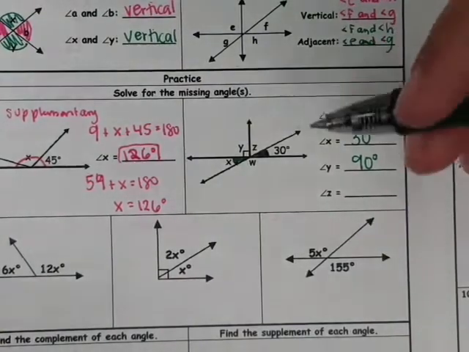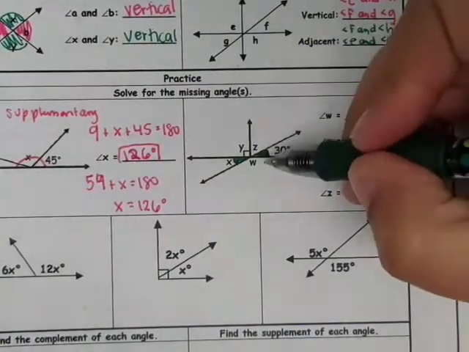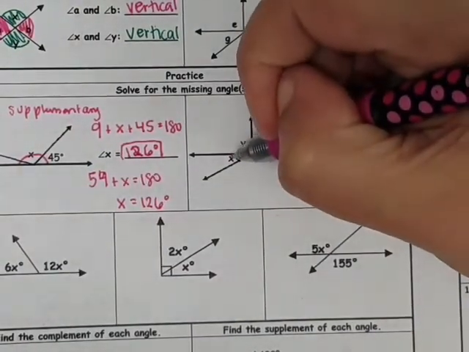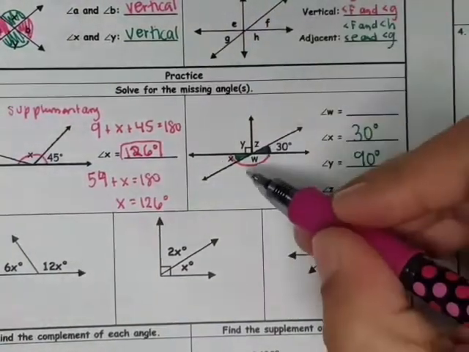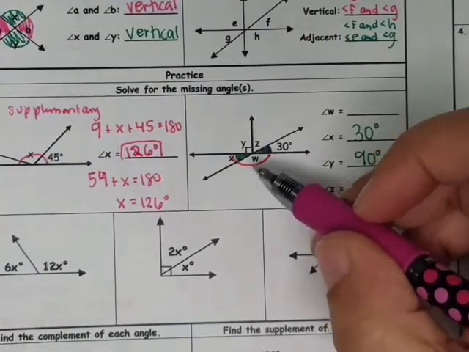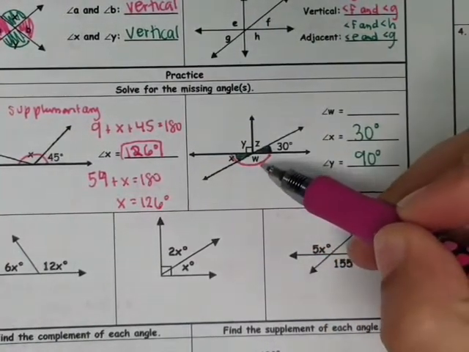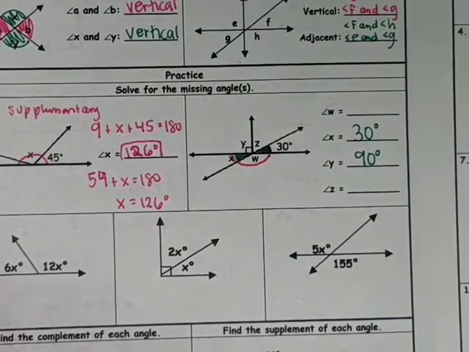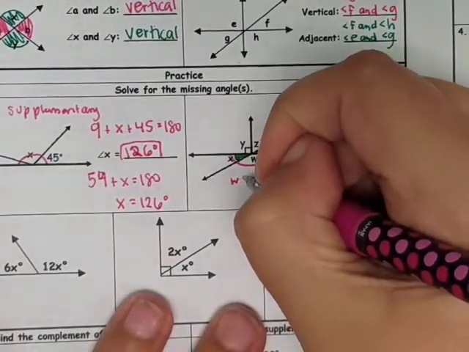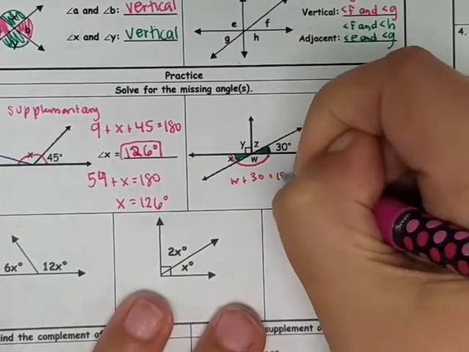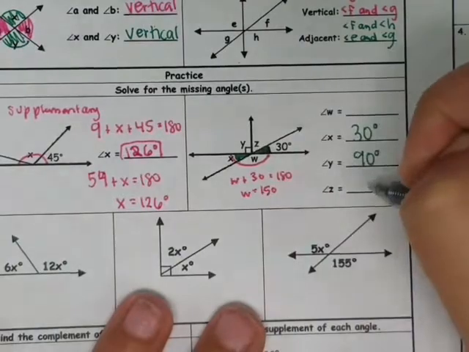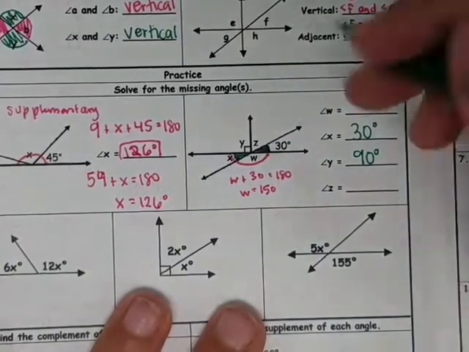Okay. Another thing that we know is that right here, W and X are supplementary. They're a linear pair. So if we know that X is 30, then W plus 30 equals 180, which means that W has to be 150.